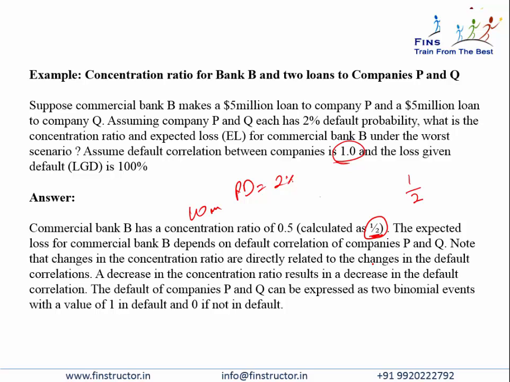Only in the second case, when we reduced the correlation to 0.5, did the probability of default go down. If the correlation is low, then with a lower concentration ratio, it may generally mean that the risk is lower, as different bonds or different loans will not all default at the same time.